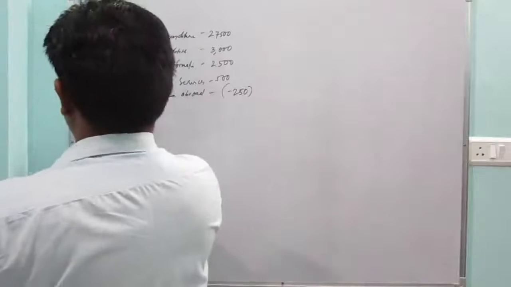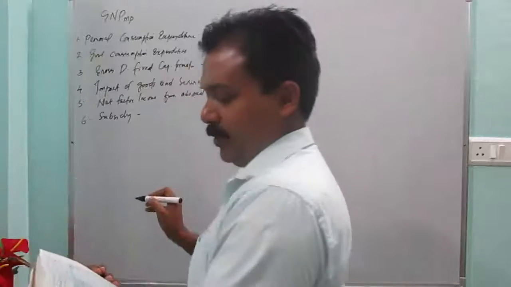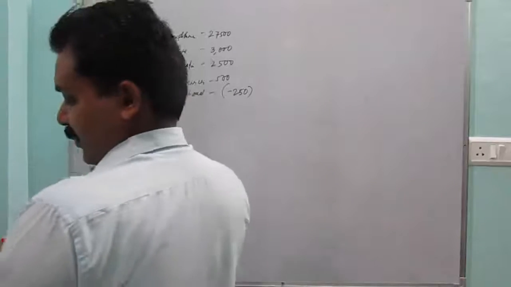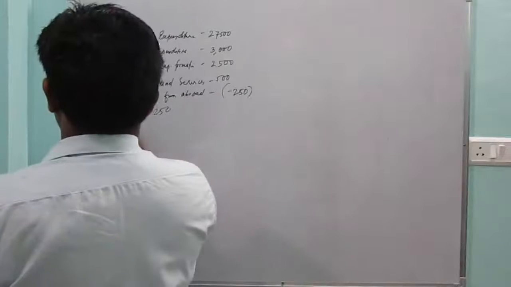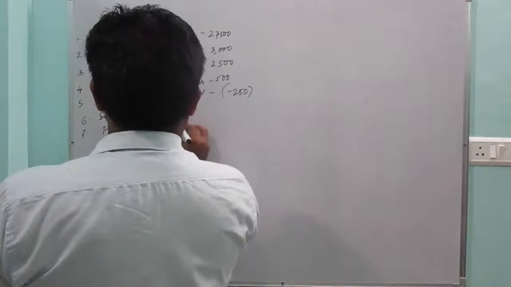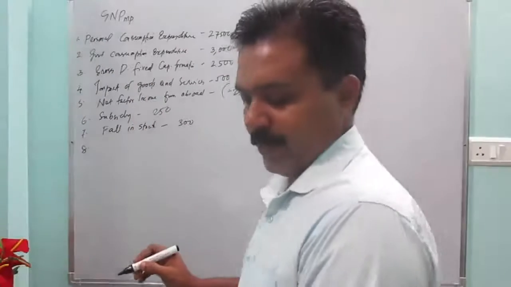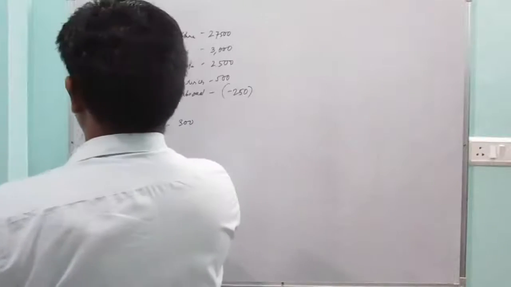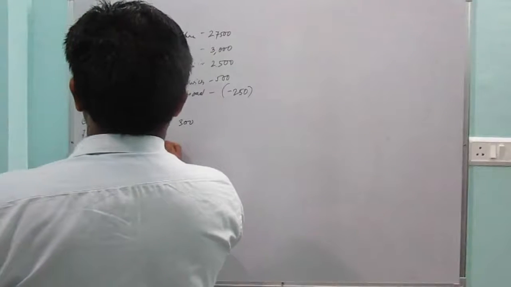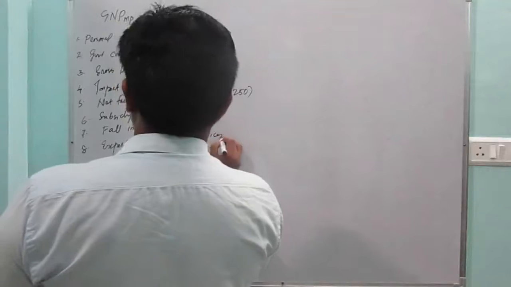Subsidy 257. Decrease in stock 300. Next, export of goods and services 450.